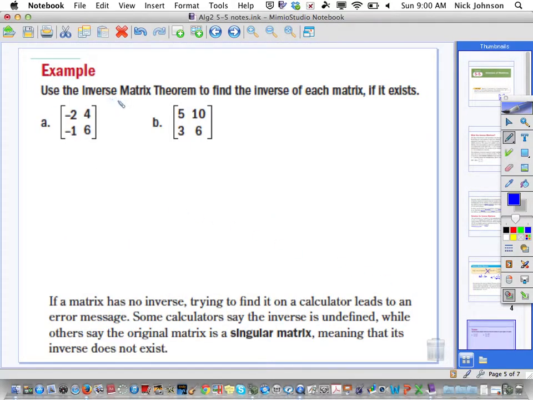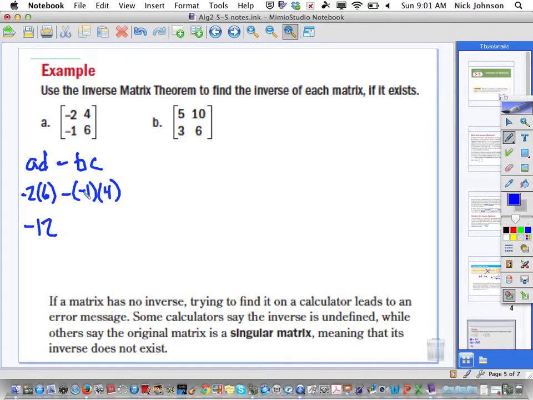It says use the inverse matrix theorem to find the inverse of each matrix, if it exists. So, as I said before, the first thing you've got to do is take A times D minus B times C. So we've got to find that out. So a negative 2 times 6 minus a negative 1 times 4. Negative 2 times 6 is a negative 12.